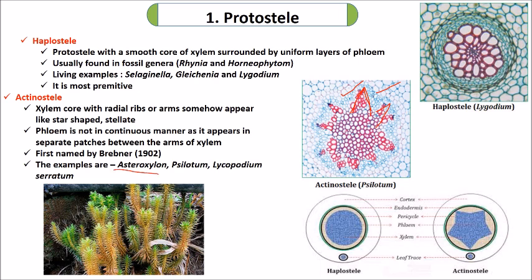The examples are Asteroxylon, Lycopodium cernuum, etc. This is a figure of Lycopodium cernuum, and these are the diagrammatic features of haplostele and actinostele.